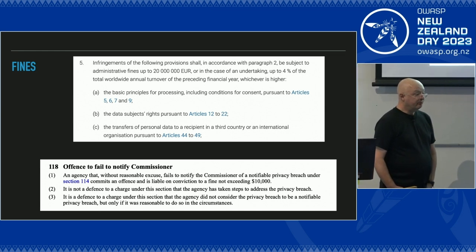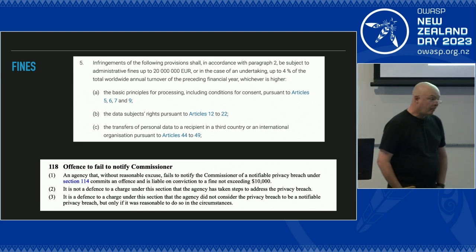So there are a number of offences in the Privacy Act 2020, and you can get fined a maximum of $10,000. You're probably not going to get a lawyer out of bed for $10,000, so that's not a lot of money.